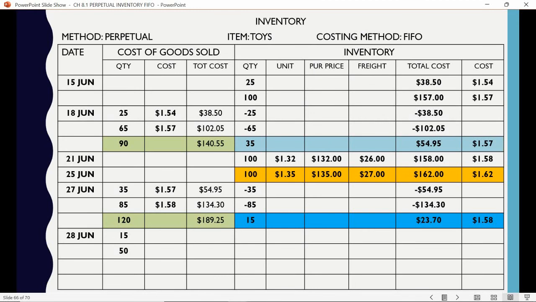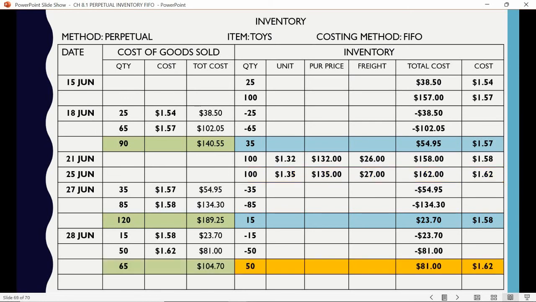In this case, 15 from my blue batch, so I'm going to get rid of that one. And then I only have one batch left, which is my orange batch. I need to get rid of 50 of those units. So I'm going to subtract that 50 out to get me a grand total of 50 units left at a total of $81 even. And I sold 65 units at a grand total of $104.70.